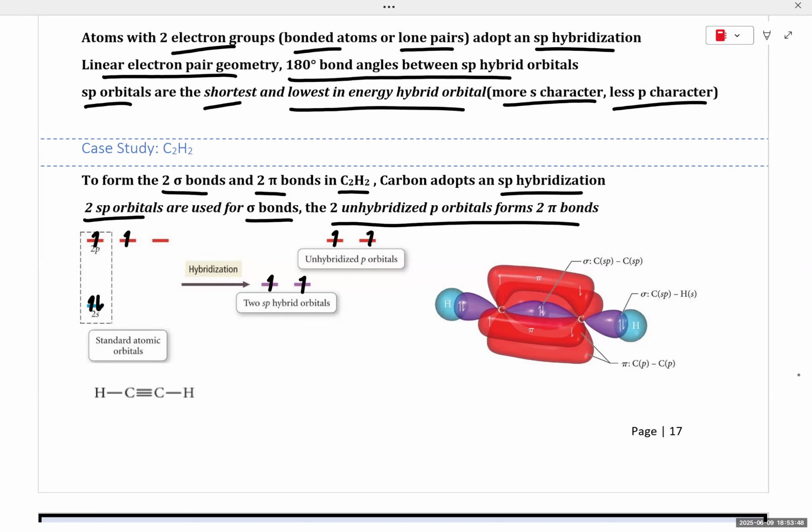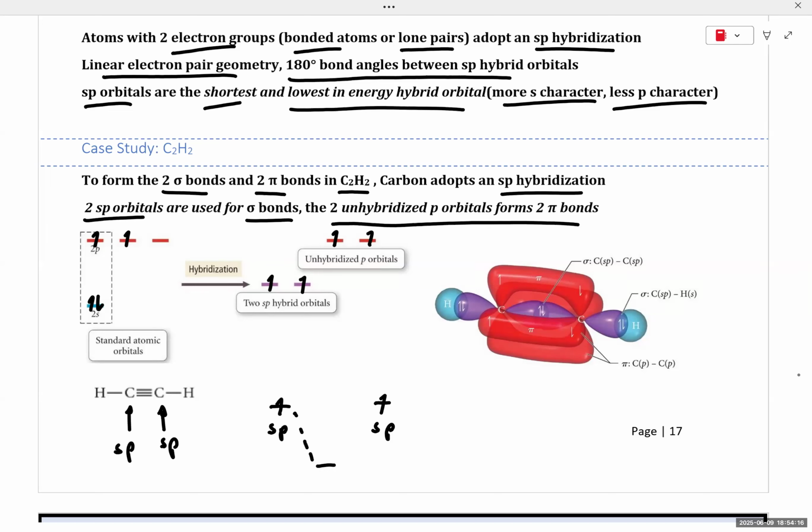Now, each of these carbon atoms in acetylene, because there are 1, 2 bonded atoms, 2 electron groups, these two carbons are both sp hybridized. Let's show the orbital overlaps that form this triple bond. So for carbon, we have the sp hybrid orbitals, one each.